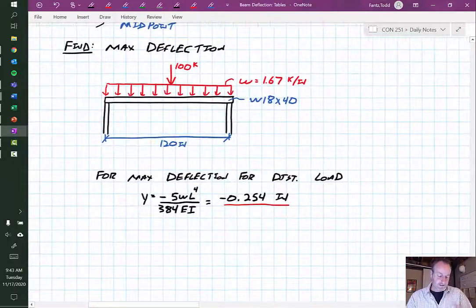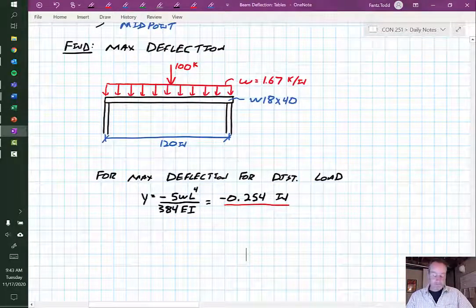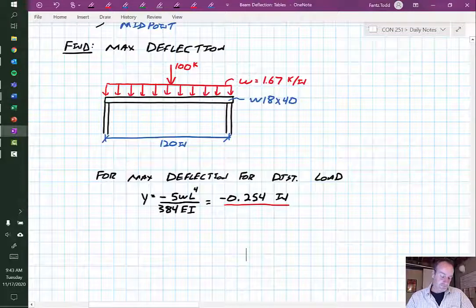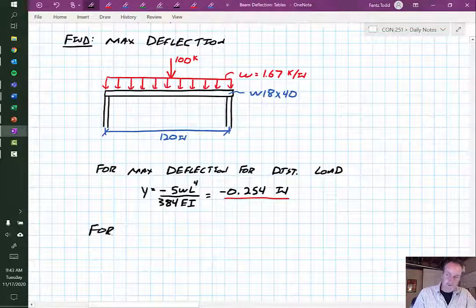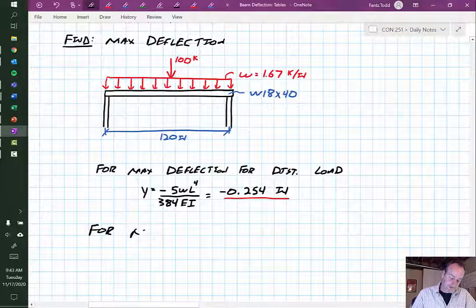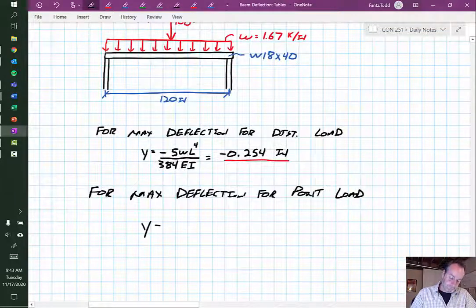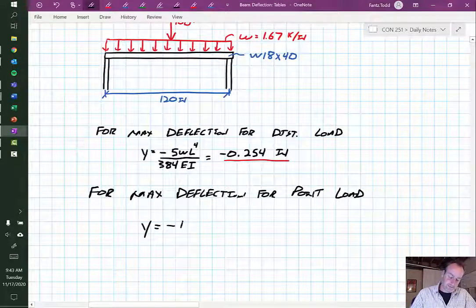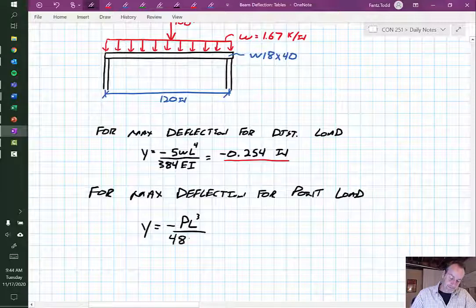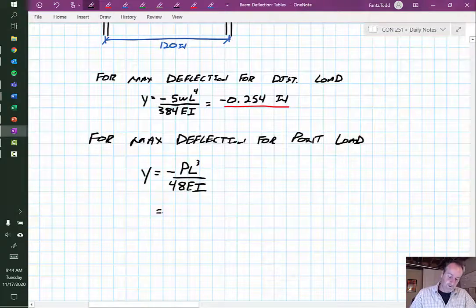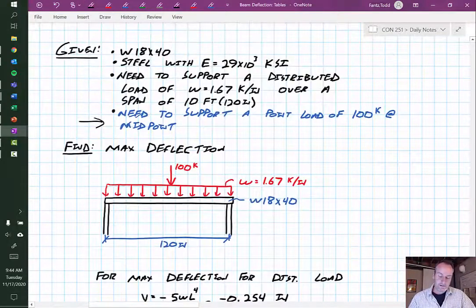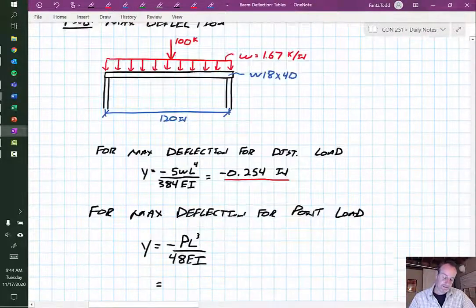For the first one, I get the exact same thing, same numbers, so I'm going to get the negative 0.254 inches again. And then adding in the second one for the max deflection due to that point load, I see it's minus PL cubed over 48 EI. And plugging in my numbers, what is P? P is that point load. We're supporting 100,000 pounds or 100 kips at that midpoint.